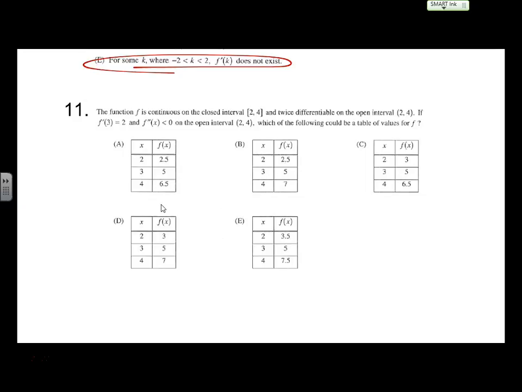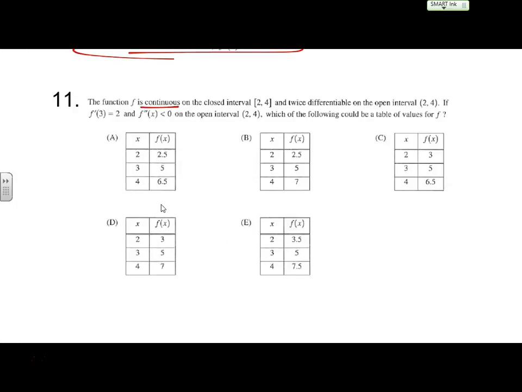What do we know? Tell me the words you should be writing down right now to summarize these directions. Continuous on the interval 2, 4. What else? F double prime. Good. Twice differentiable, so F double prime exists. What else? F prime of 3.